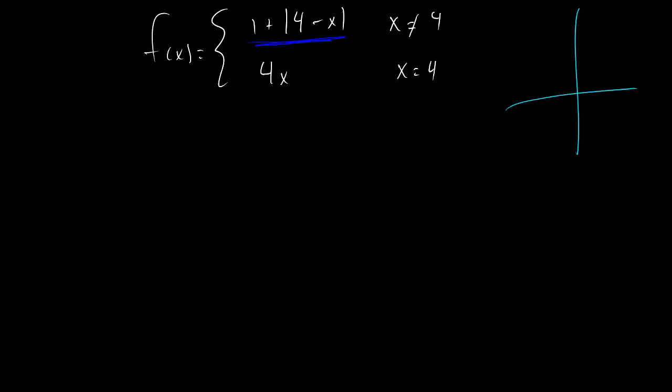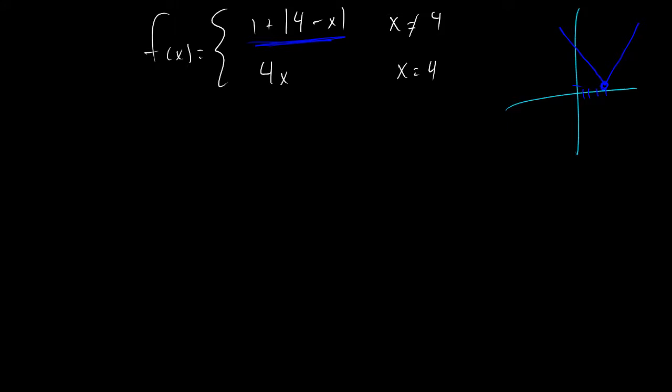We'll graph this. We know absolute value is going to deal with reversing, flipping around, so we're going to look something like this. Up 1 over 4. 1, 2, 3, 4. Up 1, that's where the point is. And we want an open circle here, because we're not equal to that point.